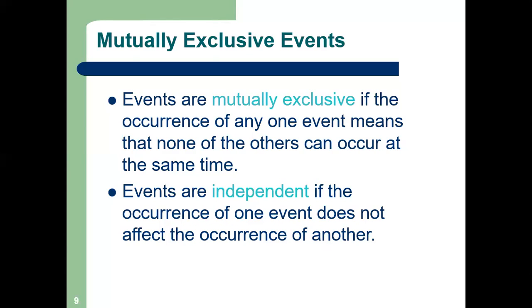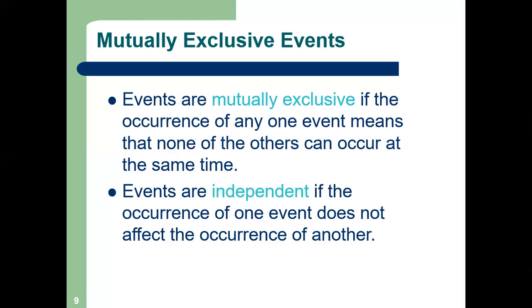One is head and one is tail. So when we toss the coin, the outcome would be only one, either head or tail. It is not possible that both will come at the same time. So we should understand that when we are measuring probabilities, the events are mutually exclusive.